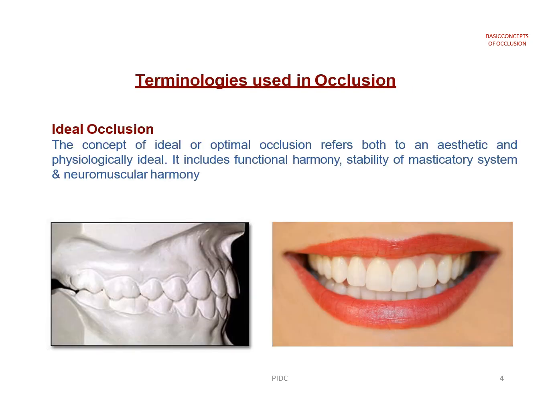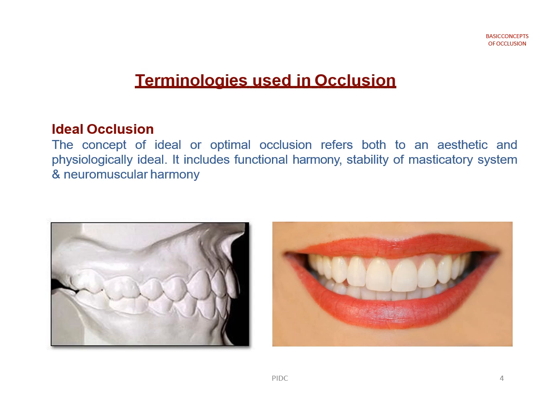Now, what are the basic terminologies which are used in occlusion? These are very important, right? You must know these terms. First and foremost, what is an ideal occlusion? The concept of ideal occlusion or optimal occlusion is that it is both aesthetically and physiologically ideal.